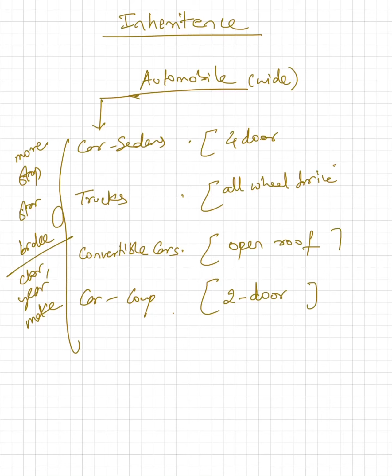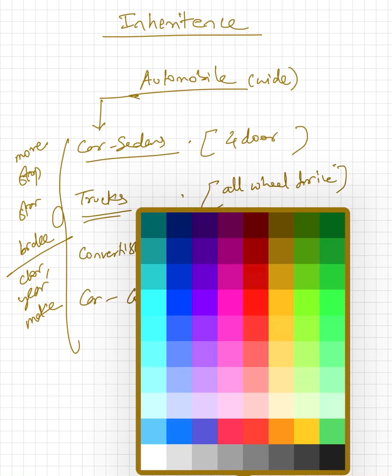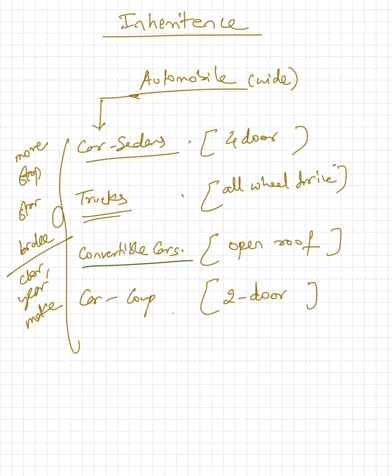So all these additional properties can help us make a new class which is specific to cars of sedan category, or a new class specific to trucks, or new classes specific to convertible cars or coupes.